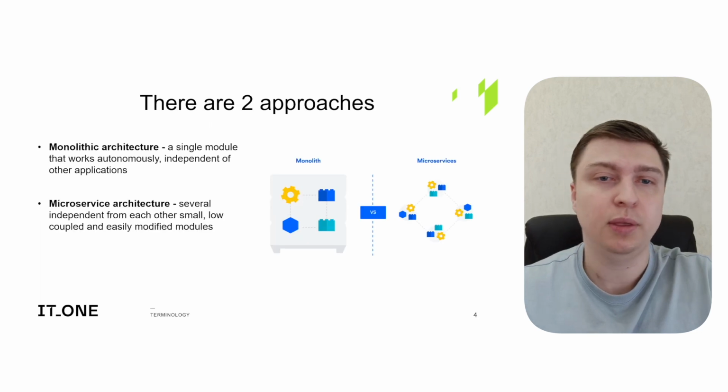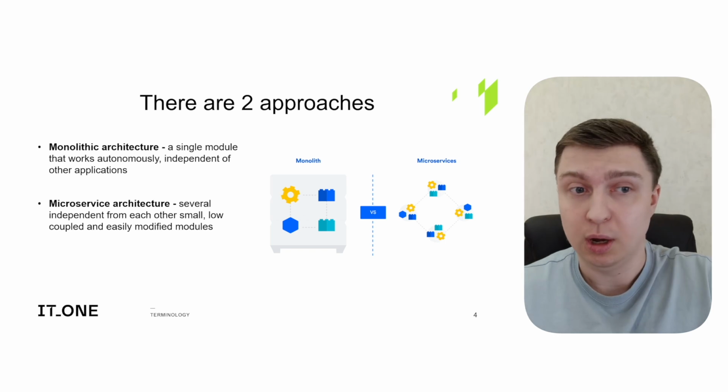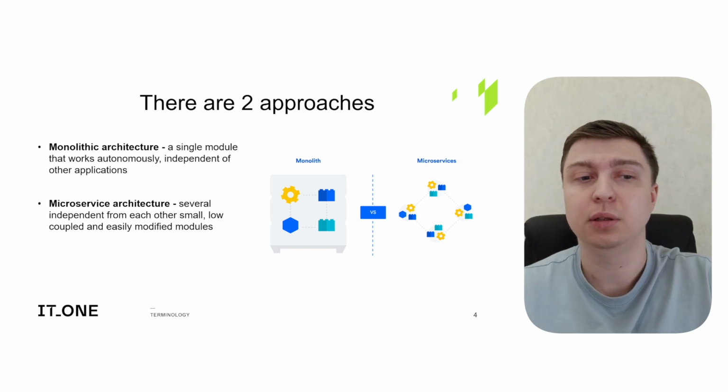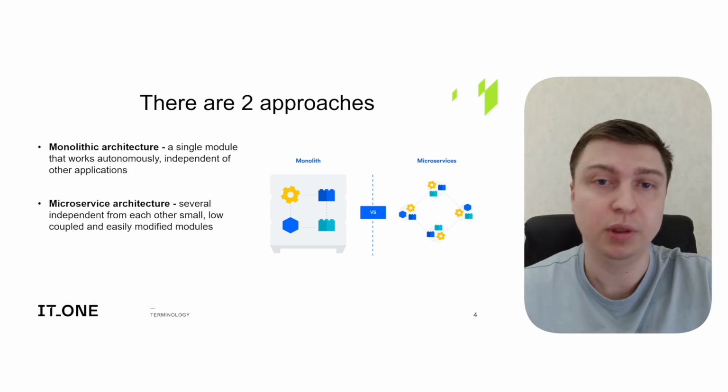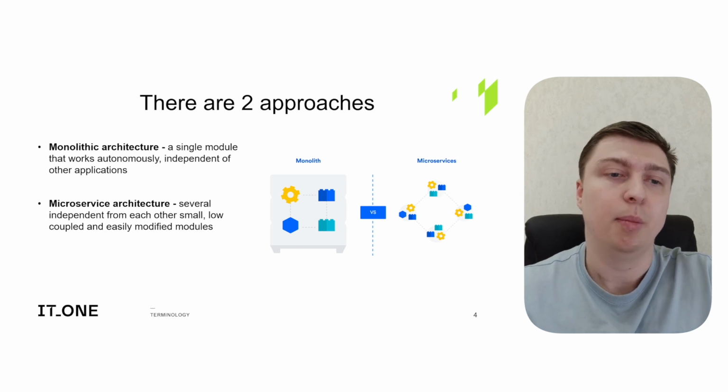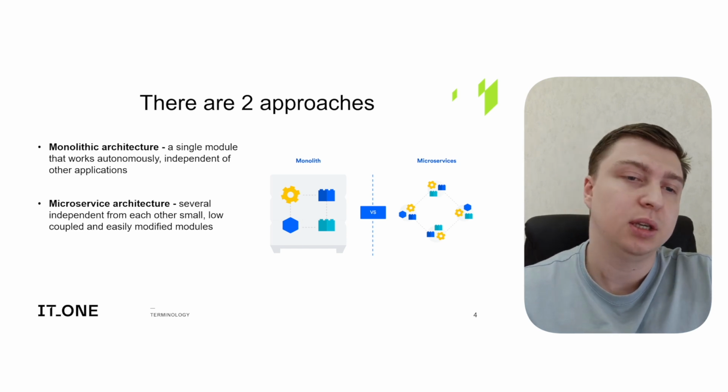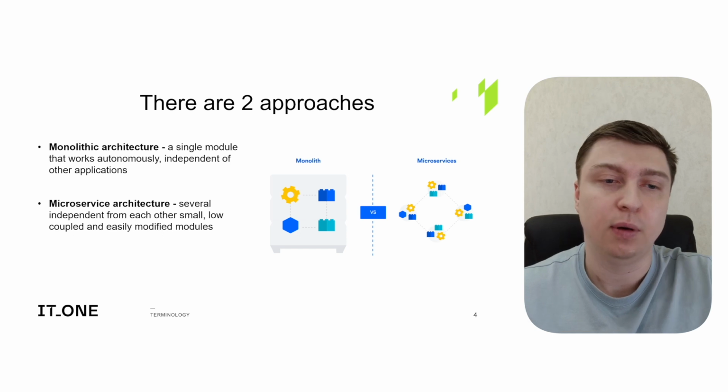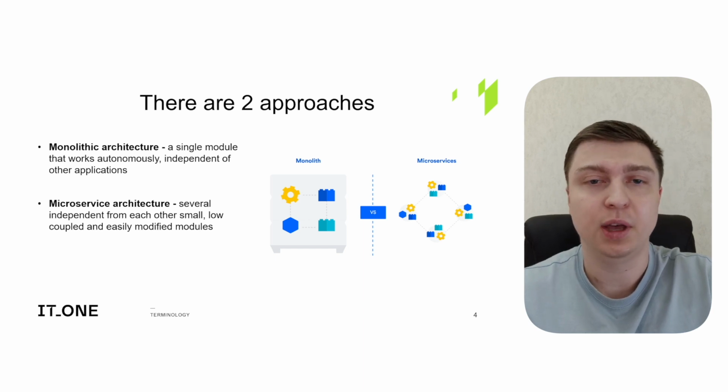Let's start with little definitions. What about monolithic architecture and microservices architecture? What's the difference between them? Monolithic architecture is when you have a single module that works autonomously, independent of other applications.